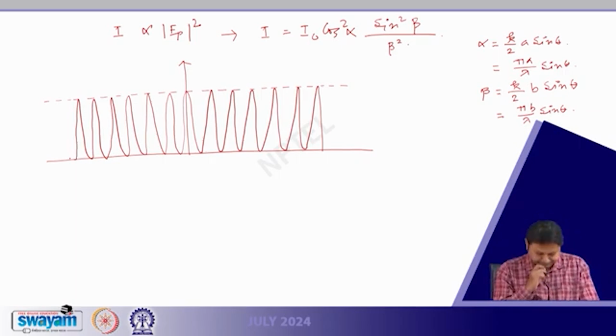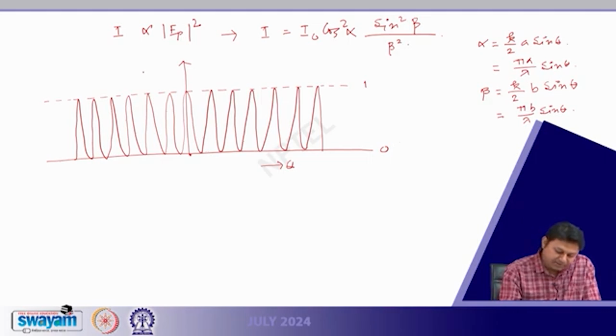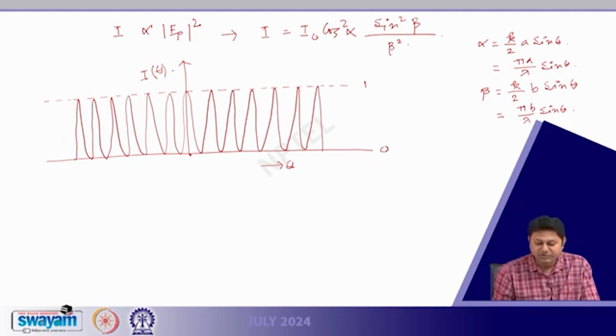Something like this. This is theta, this is 0 point, and this is theta, and that is the distribution, and this value is 1, because cos square alpha should have maximum value 1, it should not have a negative value. So, this value is 0, and I am plotting intensity here, which is a function of theta, but I am plotting individual functions.